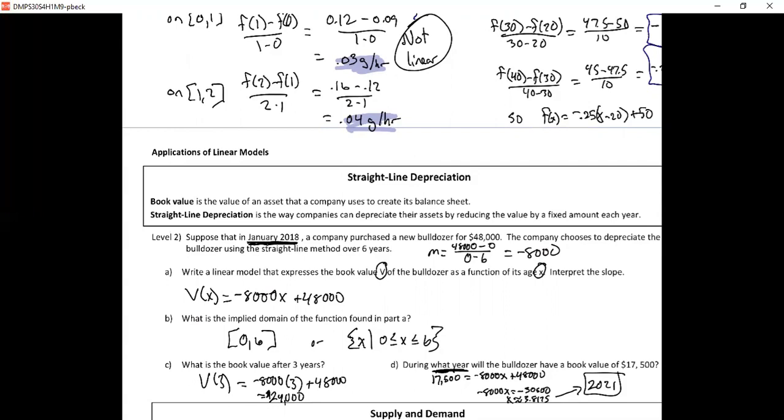So the first business model that we're going to look at is what's called straight line depreciation. What happens with straight line depreciation is we take an object that we're going to purchase for a set price. We know that eventually over time that object's value is going to be nothing. And a lot of the things that businesses do is they say, okay, this is how much it's worth now.